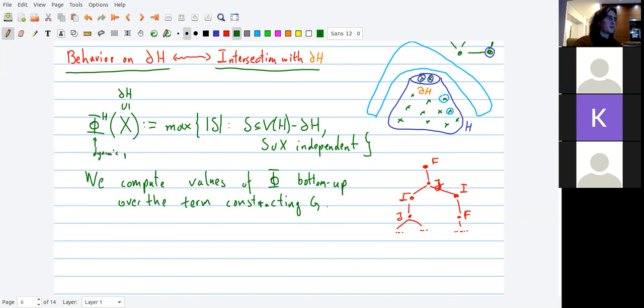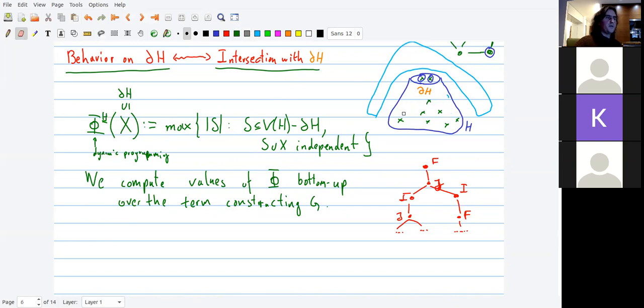It is a function that is defined for a boundaried graph H. And as an argument, it takes a subset of the boundary, which is the expected intersection of a solution with the boundary. And the value of the function is the maximum extension size. It will become clear later on why I define it this way.